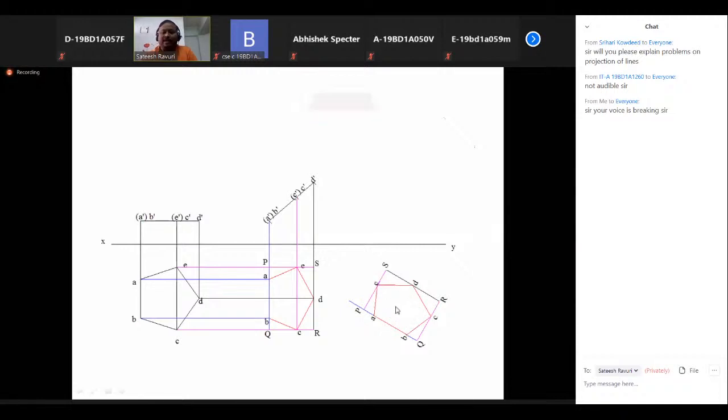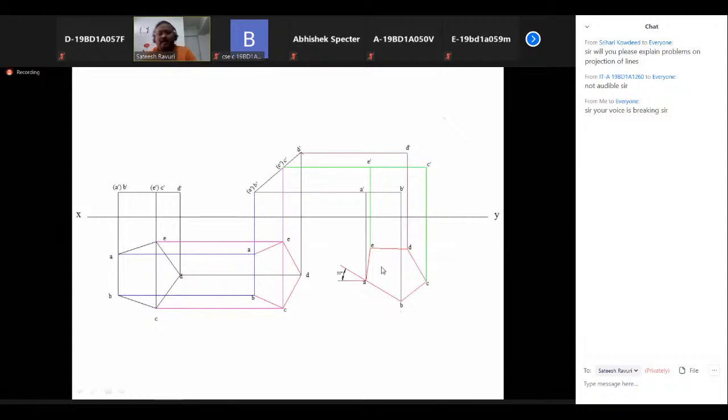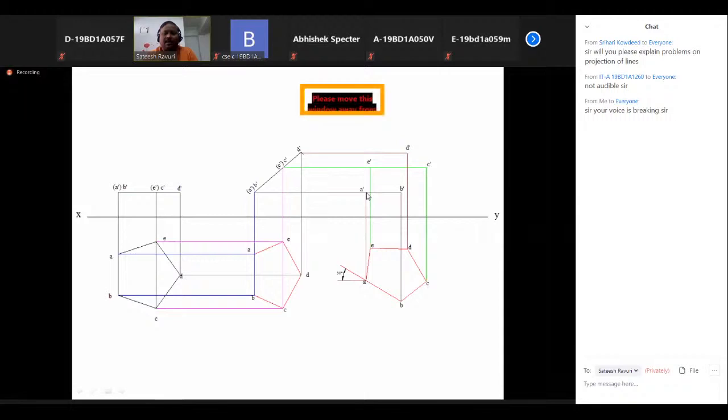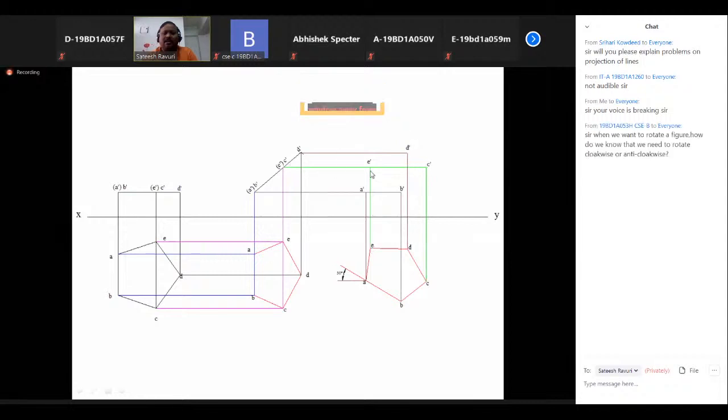After getting the final top view, you have to draw the projections again from all the 5 points. So vertical projector from A, horizontal projector from A. So this is going to be the final front view point of corner A. Similarly, B vertical, B horizontal, C vertical, C horizontal, D vertical, D horizontal, E vertical, E horizontal.